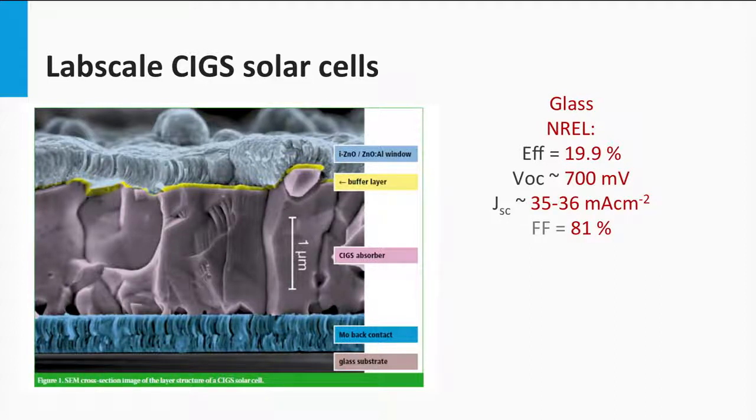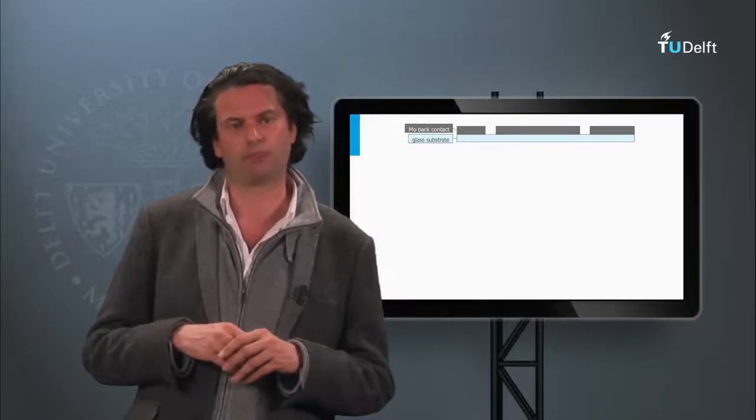Typical open circuit voltages are close to 700 millivolts, the fill factor of 81%, and short circuit current density between 35 and 36 milliamps per square centimeter have been achieved. The world record on flexible substrate has been obtained at the Swiss Federal Laboratories of Materials Science and Technology. The CIGS cell on a flexible polymer foil resulted in an impressive conversion efficiency of 20.4%.